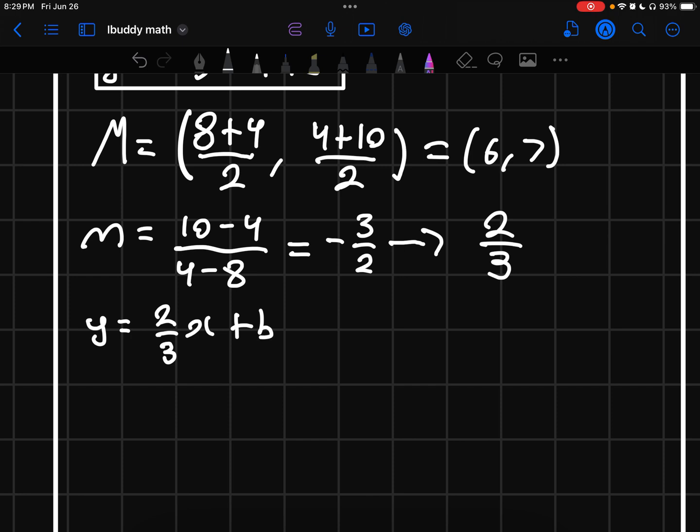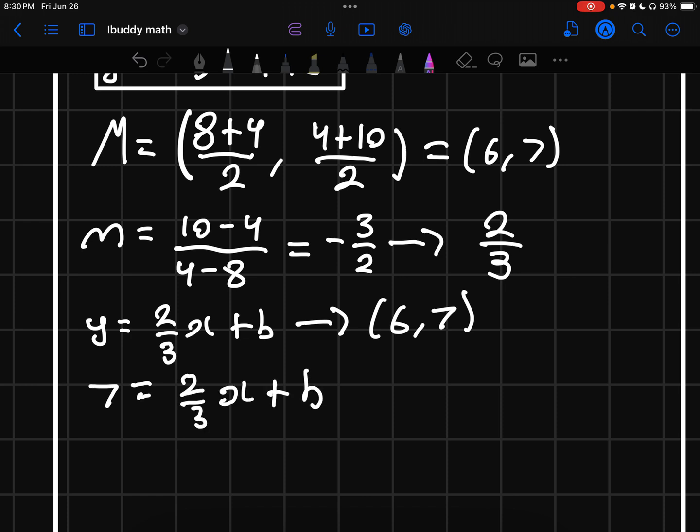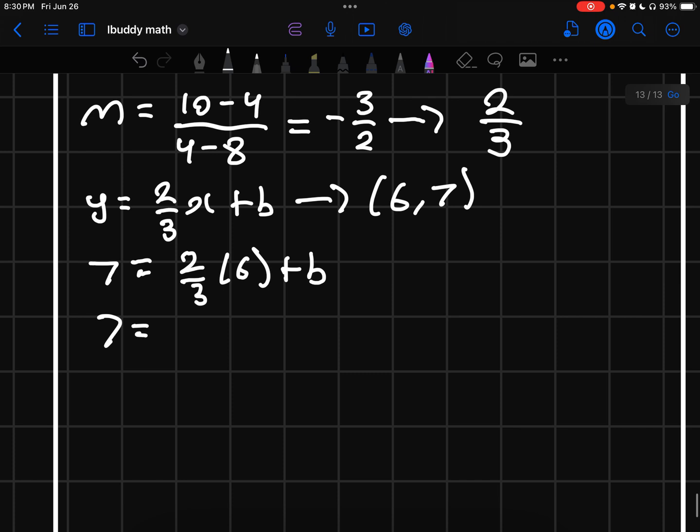And then we have to substitute the midpoint in. So when we substitute this in, 7 is equal to 2 over 3 times 6 plus b. 7 is equal to 4 plus b.